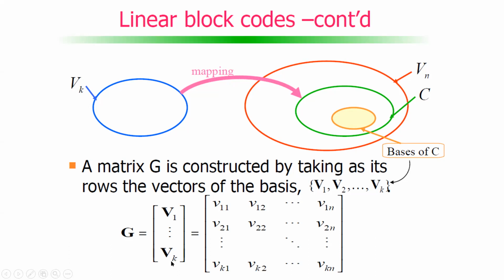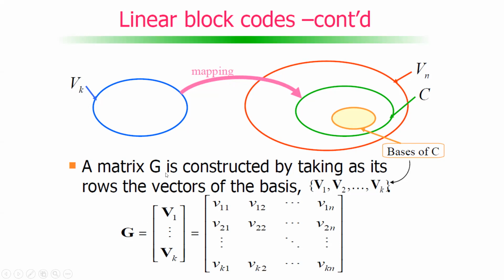That means if my linear block code is with the specification (4, 2), what is the value of n? N is 4. And what is the value of k? It is 2. So how many vectors do I need to consider? Only 2 vectors. And what will I do with those 2 vectors?